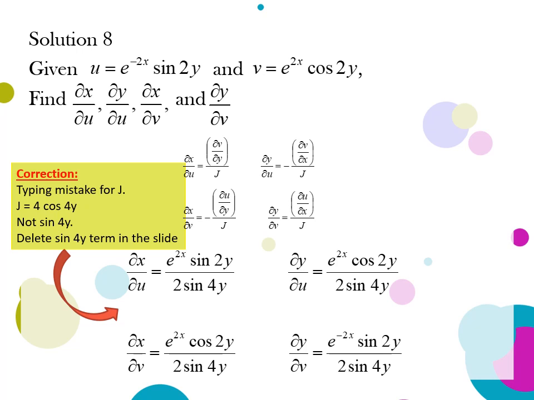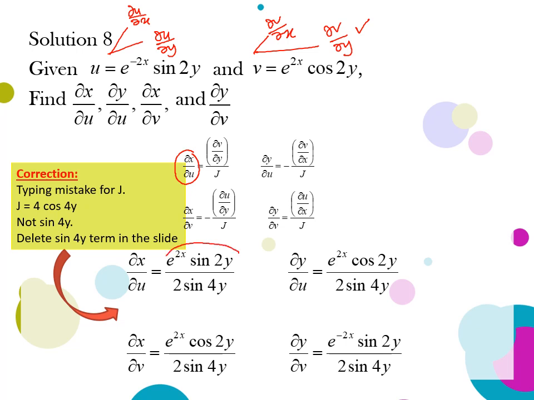So your task now is to find the partial derivative of each of these functions with respect to x and with respect to y. This one del v del x, and find del v del y, and then apply into the formula to find del x del u. You need del v del y over the Jacobian.